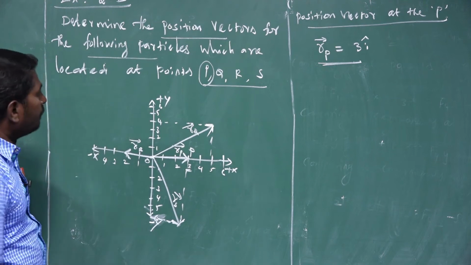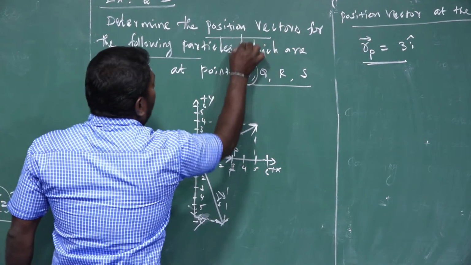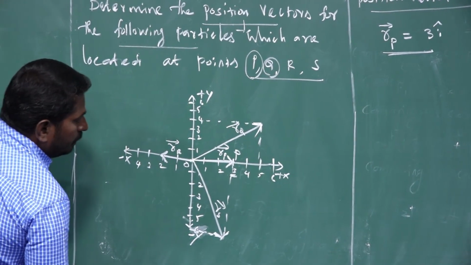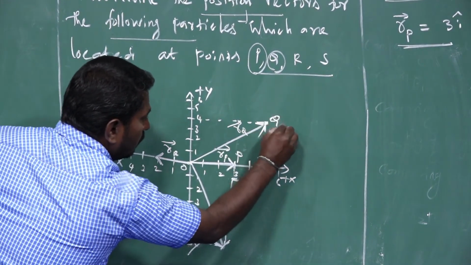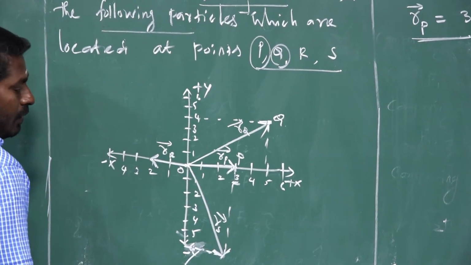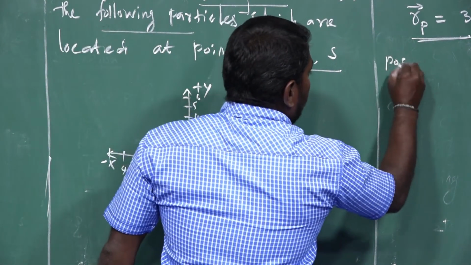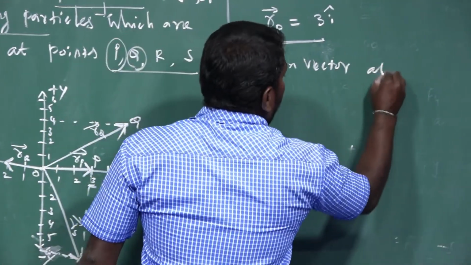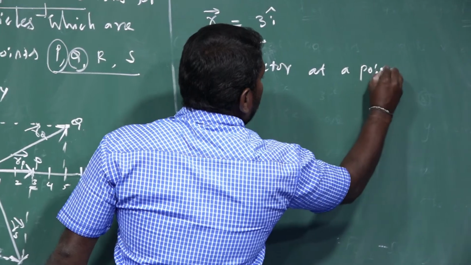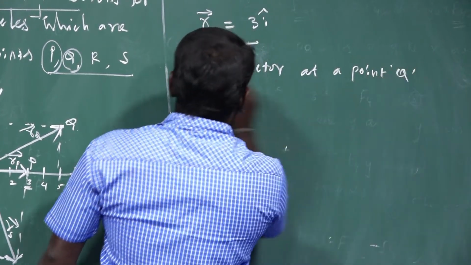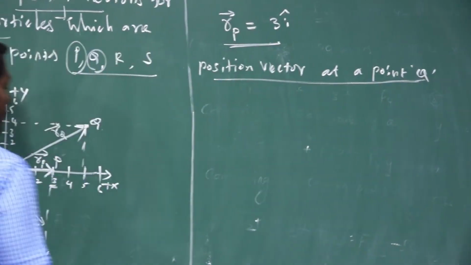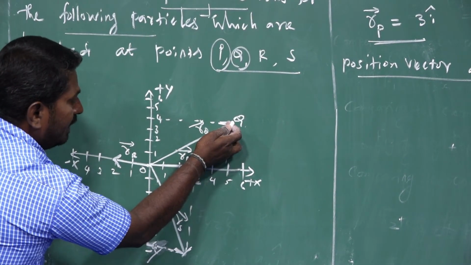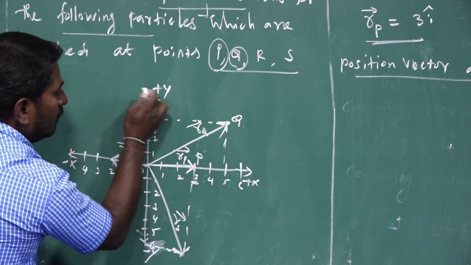So next, we are going to calculate the position vector at point Q. See the point Q. This is point Q. Position vector at point Q. The point Q is lying in the plane of the positive x-axis and the positive y-axis.